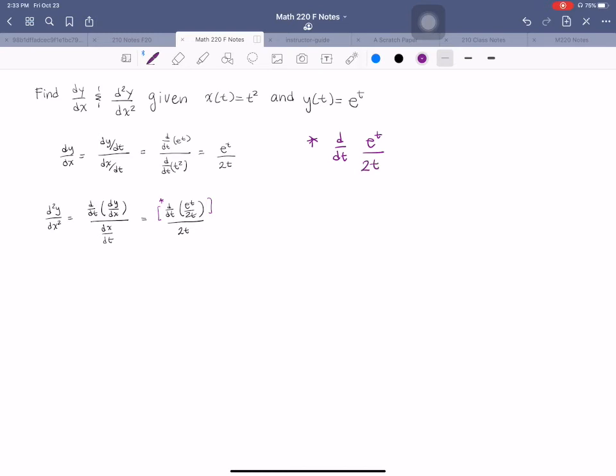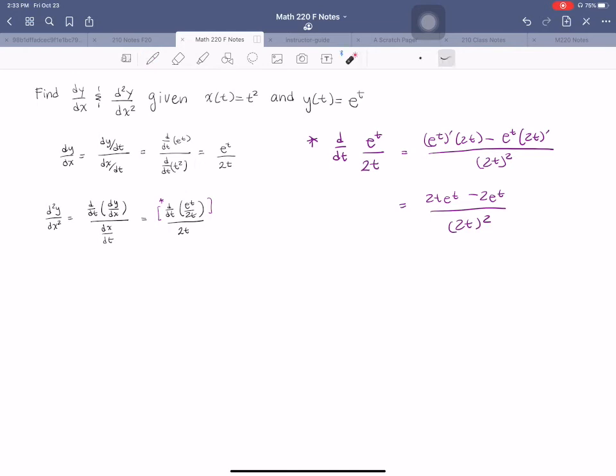This is just a straightforward application of the quotient rule. So that is, I need the derivative of the numerator times 2t minus the numerator times the derivative of the denominator, divided by the square of the denominator. So this is 2t e to the t minus 2e to the t divided by 2t quantity squared.